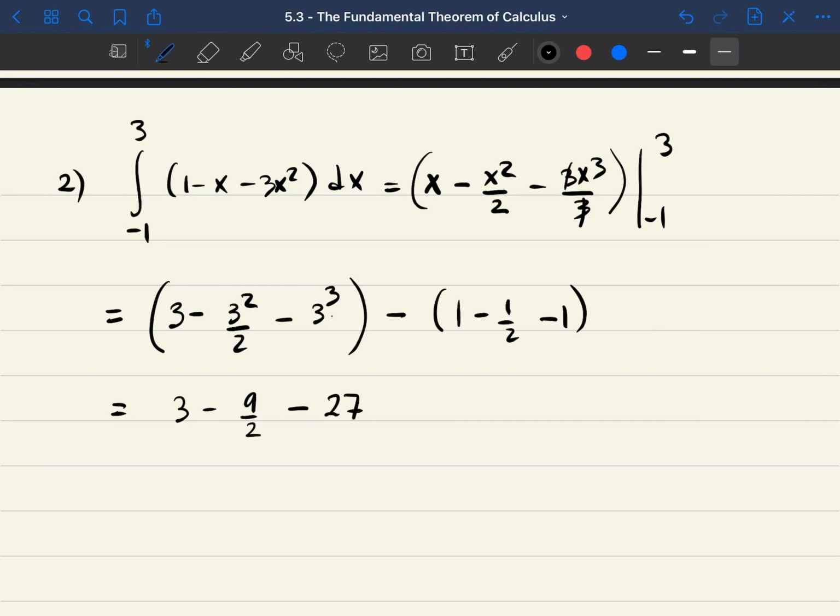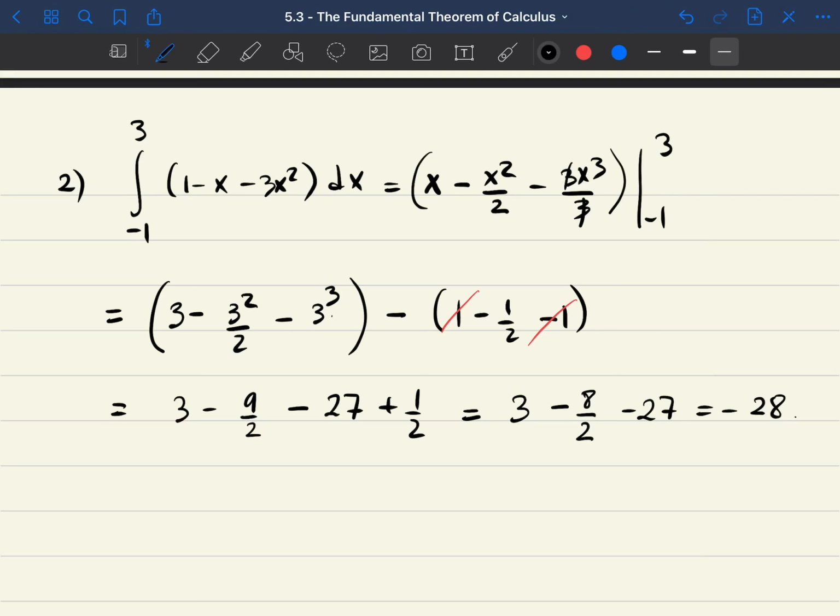So these two cancel. So I have plus 1 over 2. So I have negative, so I have 3 minus 8 over 2 minus 27. So this is minus 28.